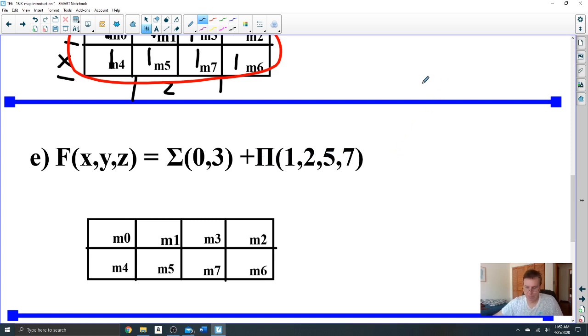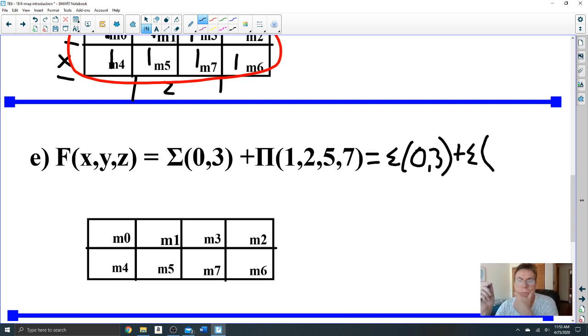All right, so let's change it. This one is equal to sum of min terms 0 and 3 plus sum of min terms. If the function is product of max terms 1, 2, 5, 7, that means it's a sum of min terms of complementary subscripts. So that means 0, 3, 4, and 6.